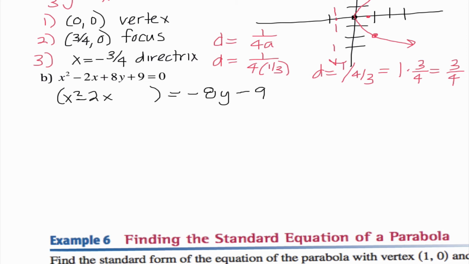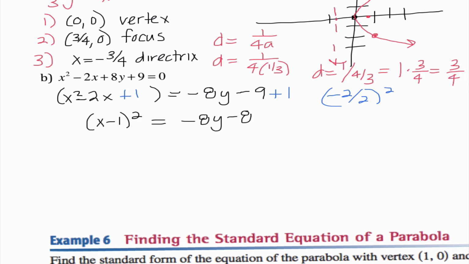So I have x squared minus 2x. I'm going to take that -2, divide it by 2, and square it. So I'm going to add 1. To balance it, I have to add 1 to the other side. So this would become x minus 1 squared equals negative 8y minus 8.